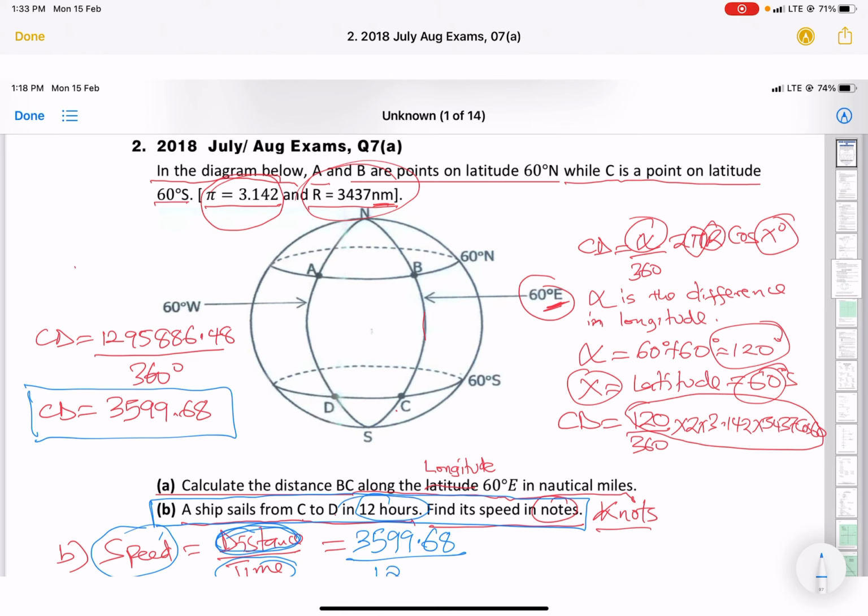Dividing that by 12 hours gives us 300 knots. So that is our answer.